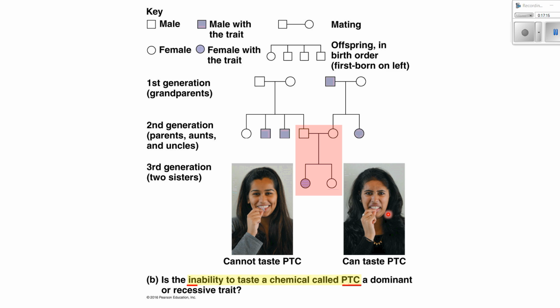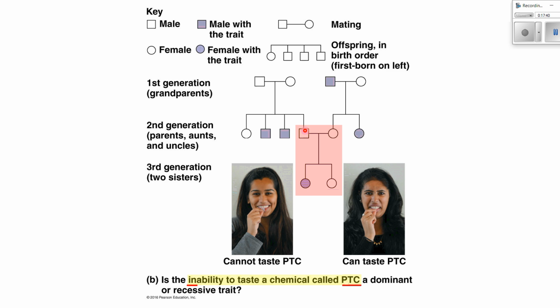So could that be a dominant trait? Well, let's think about that. If non-tasting is a dominant trait, that means this girl, who's a non-taster, would have to have 1 dominant allele.